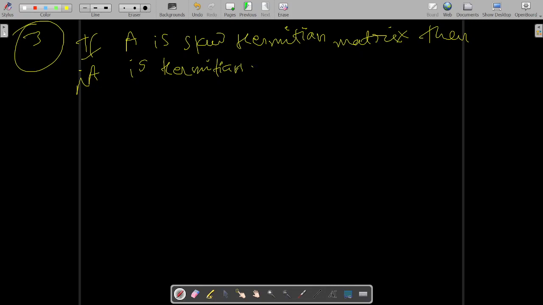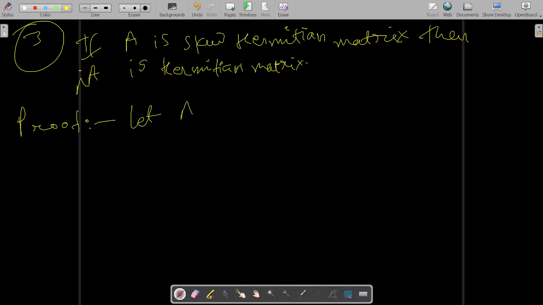Okay. If A is your skew Hermitian matrix, then IA is your Hermitian matrix. So the proof of this is over here.